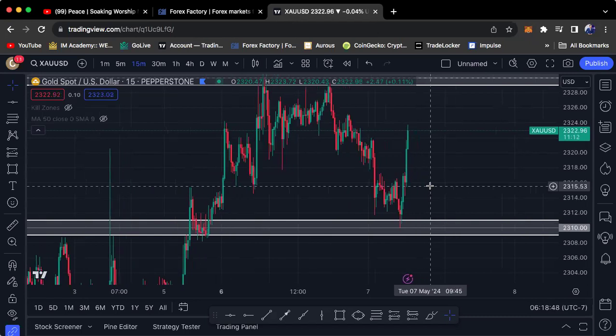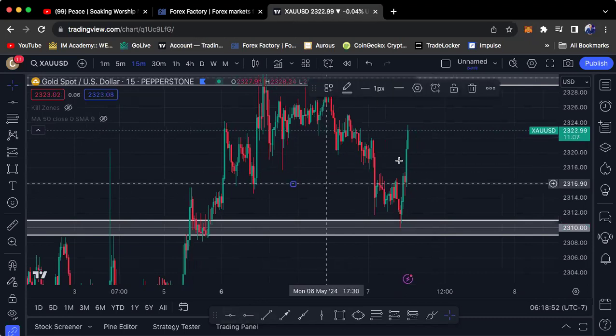I'm going to draw at 2315. Take the horizontal line, 2315.